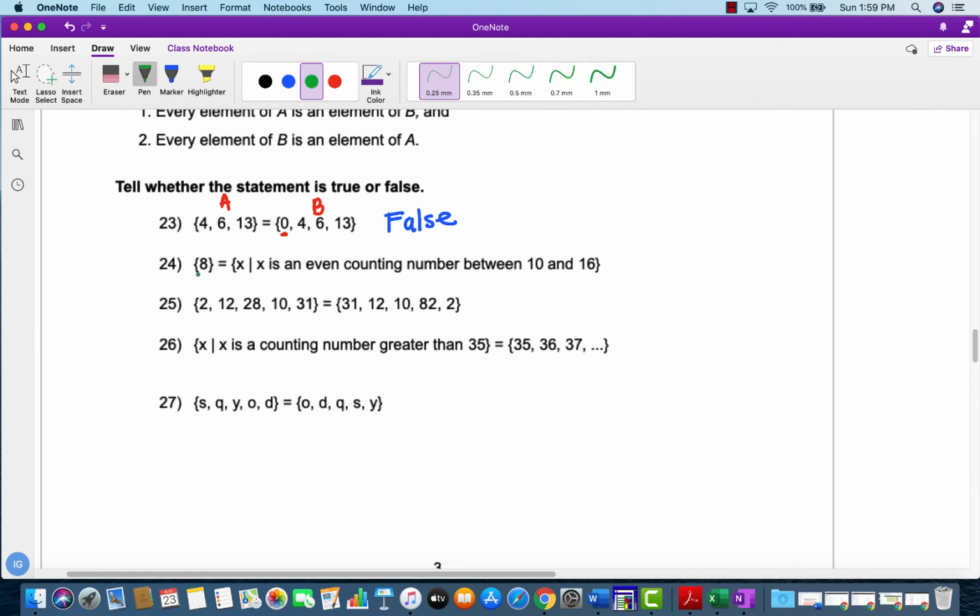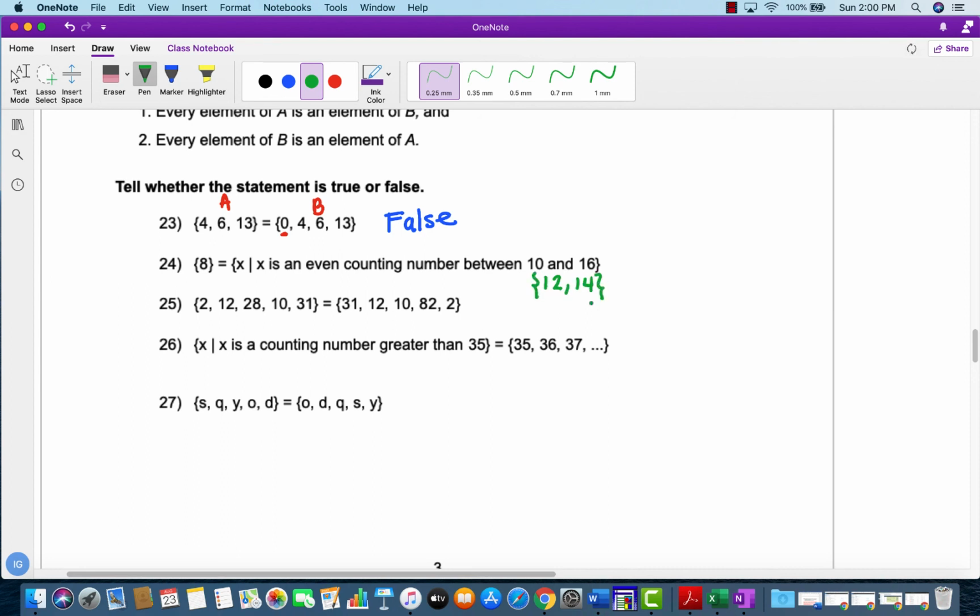Okay, the next one, set A has 8, and it says x such that x is an even counting number between 10 and 16. Even counting numbers between 10 and 16 will be 12 and 14.